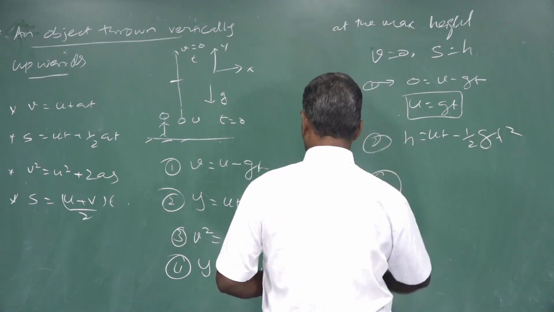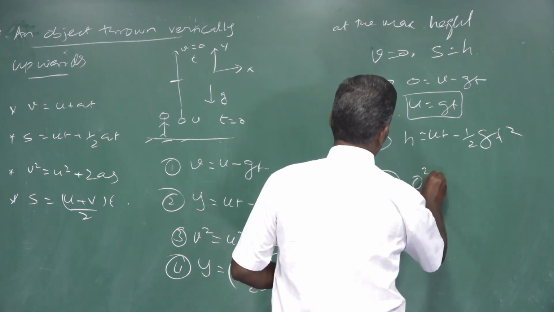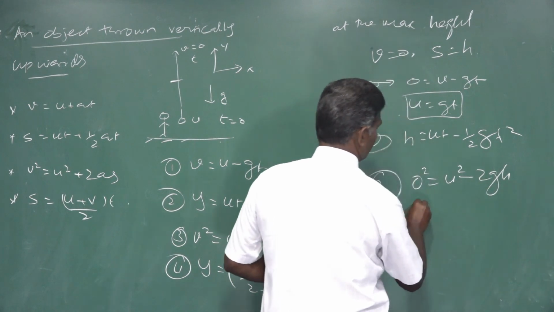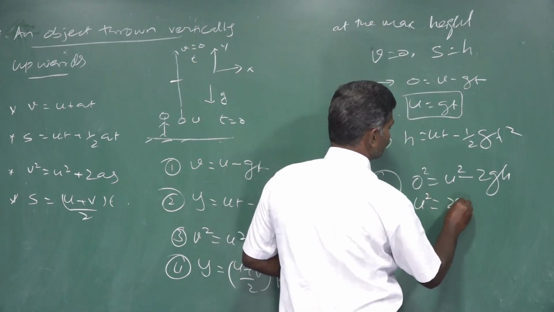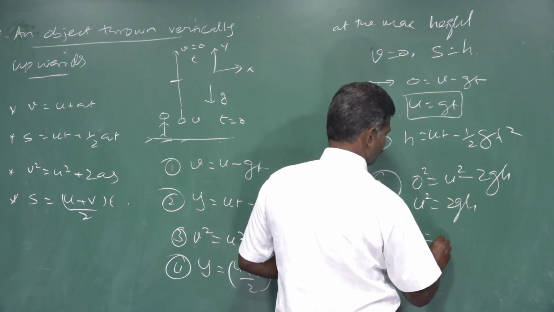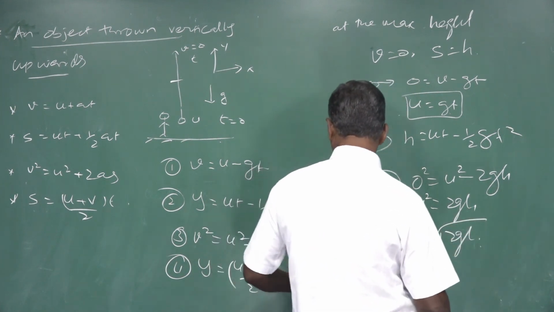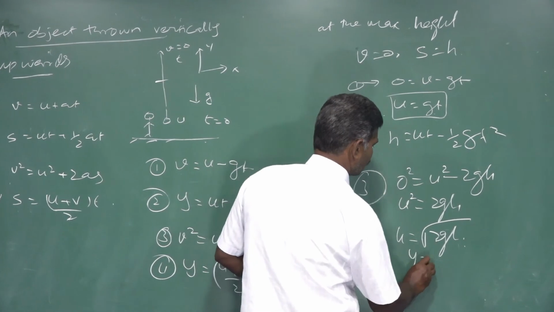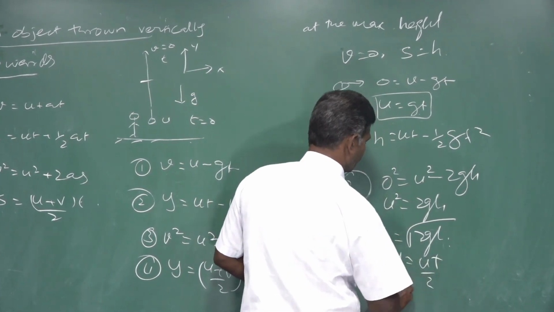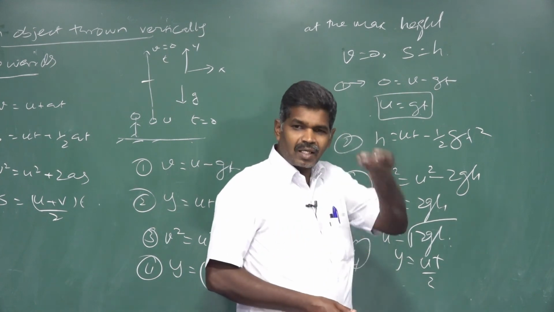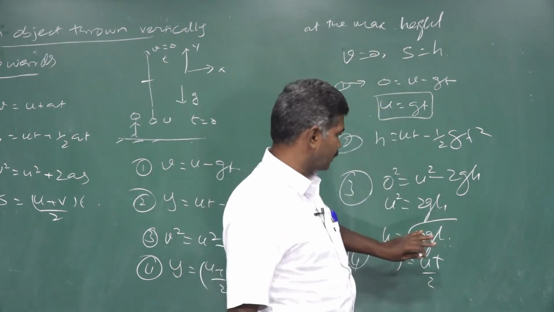Then the third equation, with final velocity 0: 0 squared is equal to u squared minus 2gh. That's why u squared is equal to 2gh. Then u is equal to square root of 2gh. Then the fourth equation: with final velocity 0, y is equal to ut by 2. These are the equations for a vertically thrown up object at the maximum height.